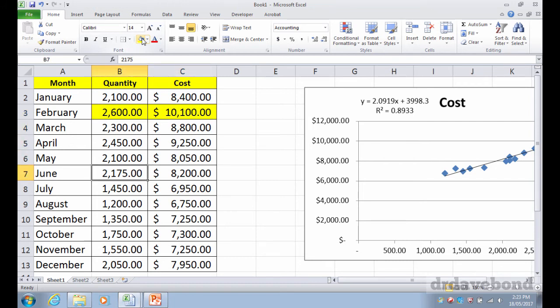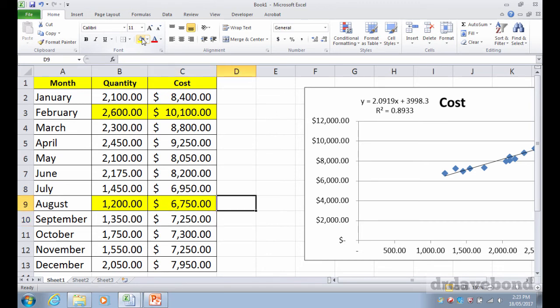We then go down 1450 to 1200. 1200 is it. So now we have the lowest quantity over that period of time and the cost related to the lowest quantity. And all that we're doing is taking the marginal difference between those two amounts.